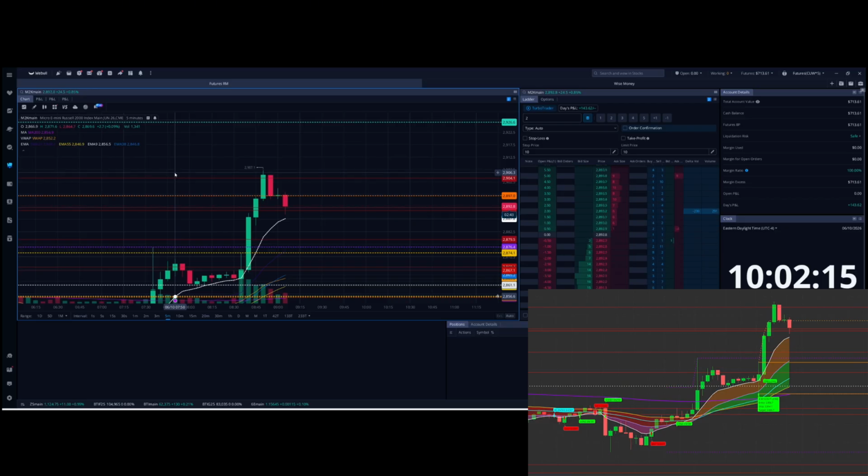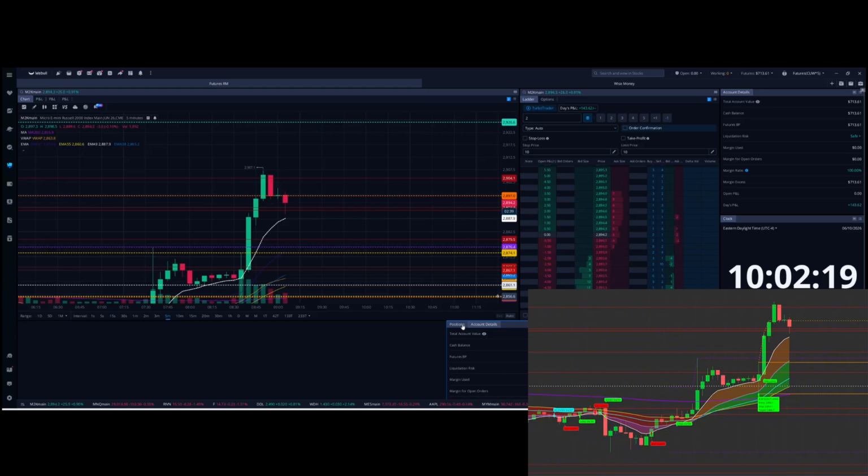I got in kind of late on that. I should have got in as soon as it crossed below this level here on this 850 candle.